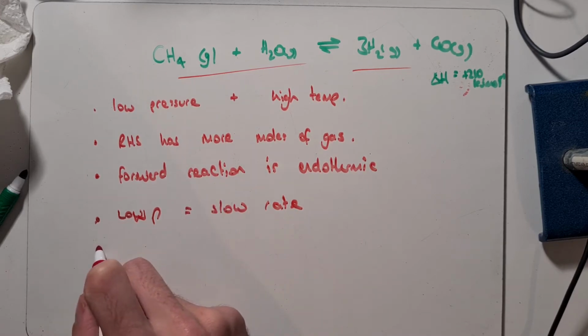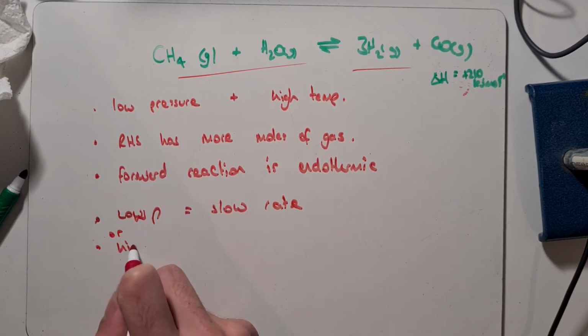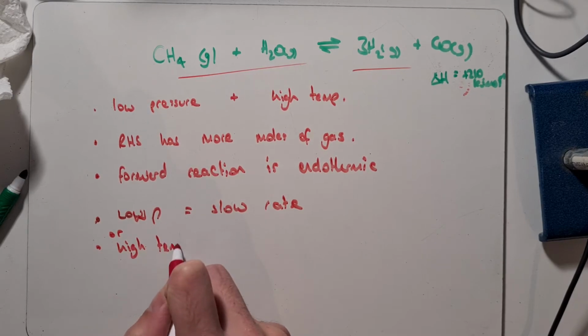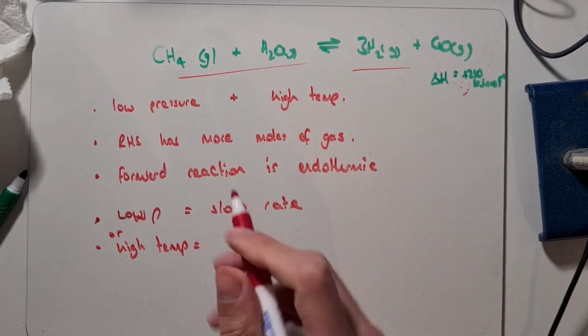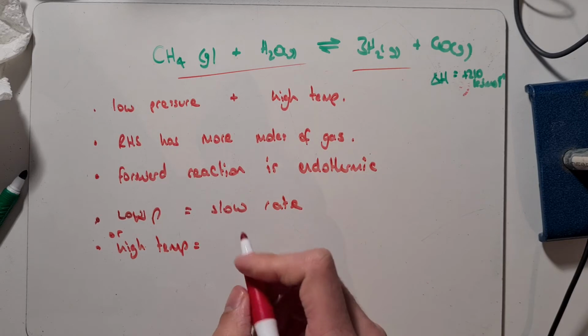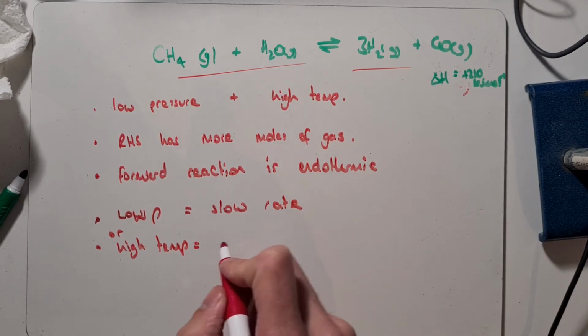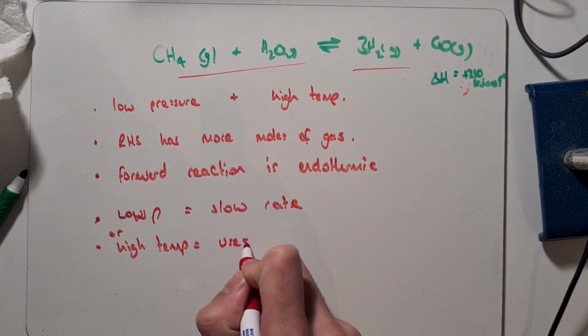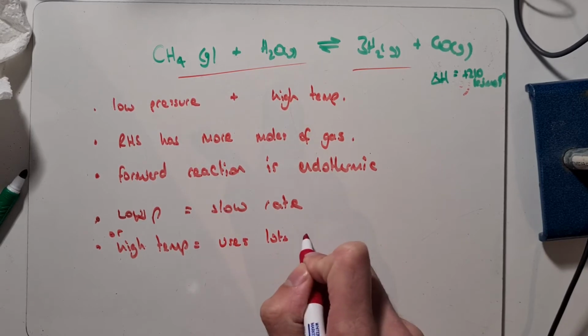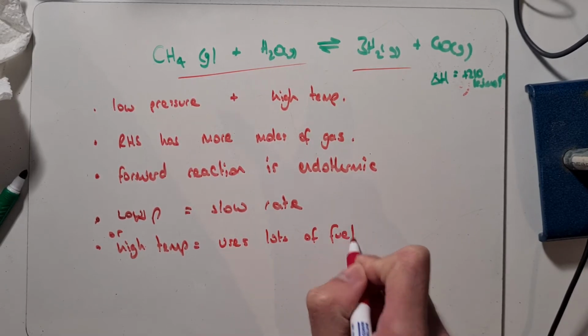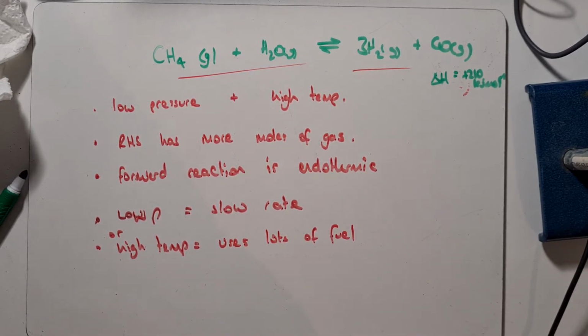If we have high temperature, you could have said either one of these, but you can only get 1 mark for this section. High temperature uses a lot of fuel, a lot of energy. They wouldn't have allowed expensive. If you said expensive, you wouldn't have got the mark there. So that was out of 4.